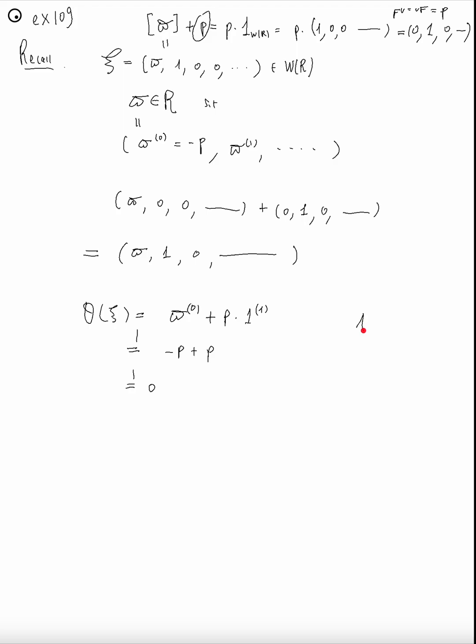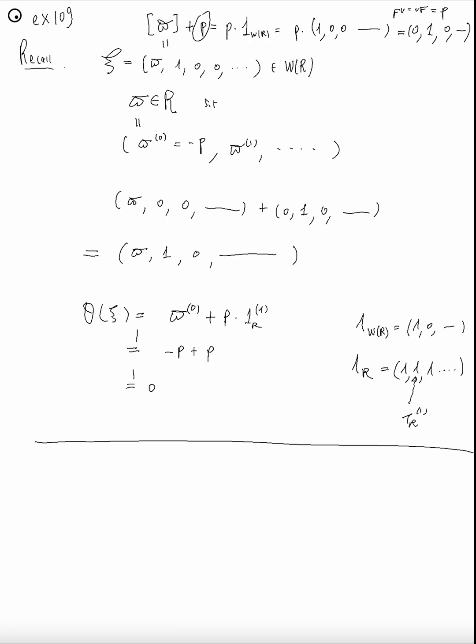So this 1 of W(R) is (1, 0), but this 1 of R corresponds to 1, then the p-th root 1, and so this is 1 of R. This is p. Okay, so this is in the kernel.